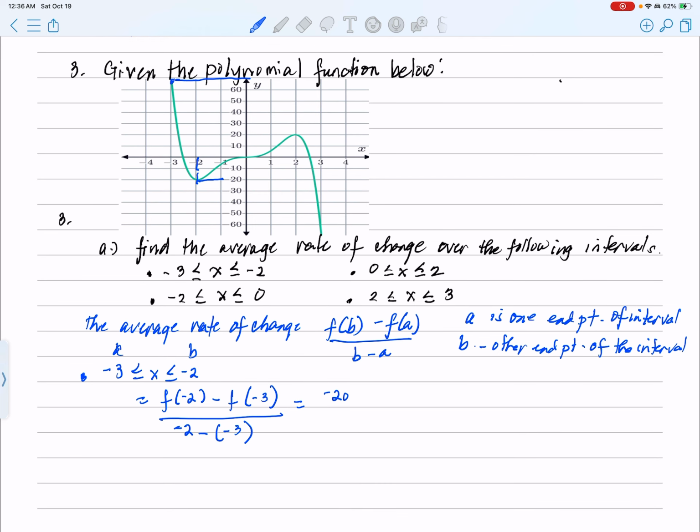This will be 70. When it's -3, it's 70 by looking at the graph, over -2 plus 3. So you have -90 over 1. So our rate of change in this interval is negative 90.